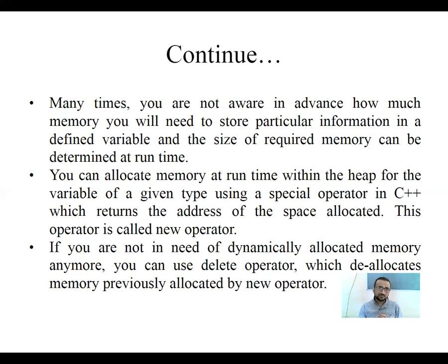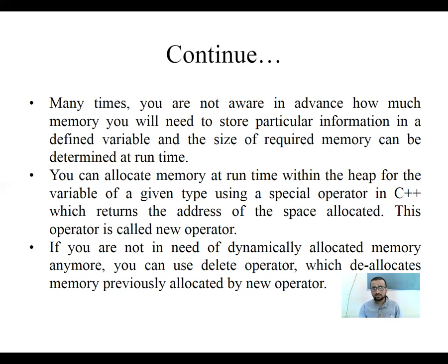Means whenever we are not aware of the size of memory required to store our information, we allocate the memory at runtime by using the heap concept, within the heap for variables of a given type. And for that purpose, we use some special operators.